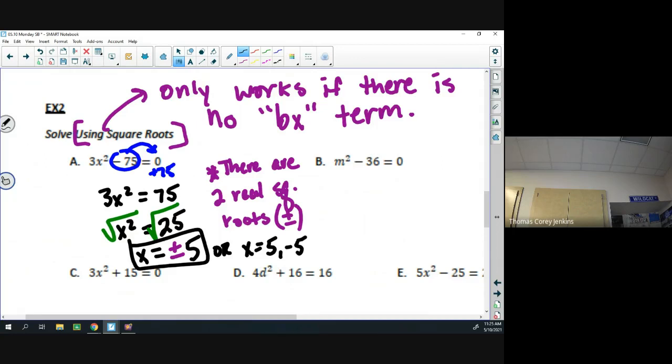Because a negative times a negative is a what? Positive, right? You guys have heard this before. We just forget it. So, 5 squared is the same thing as -5 squared, right? So if I plug in either one, it's going to make this equation true. Okay? So don't forget the plus or minus symbol when you use this easy method to solve. Okay? That's the one thing that you would forget.